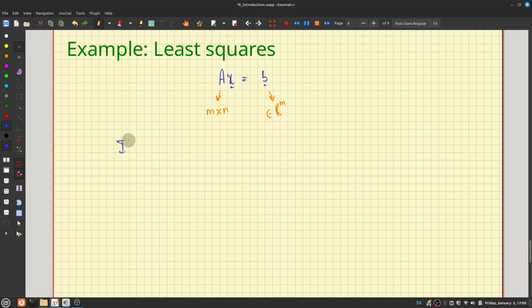So if b lies within the column space of A, then we know there is a solution. We don't need to worry anymore.